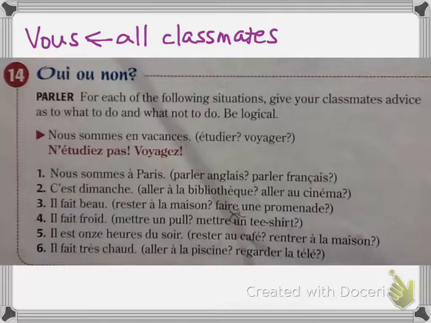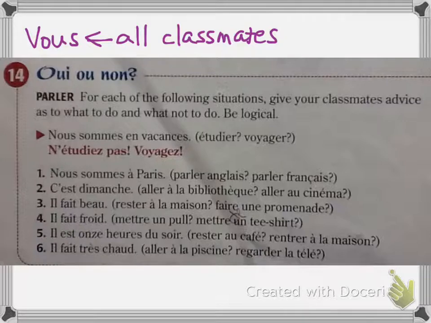For each of these, one will be affirmative and one will be negative. So you want to make sure you're giving good advice. So, number 1, nous sommes à Paris: ne parlez pas anglais, parlez français. 2, c'est dimanche: n'allez pas à la bibliothèque, allez au cinéma. 3.